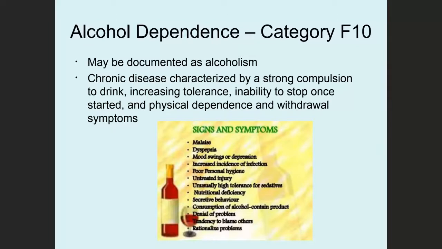So alcohol dependence equals alcoholism, okay? And here are some of the signs and symptoms of alcoholism, alcohol dependence. This is a chronic disease characterized by strong compulsion to drink, increased tolerance, which we just talked about, inability to stop when started, and physical dependence and withdrawal symptoms.